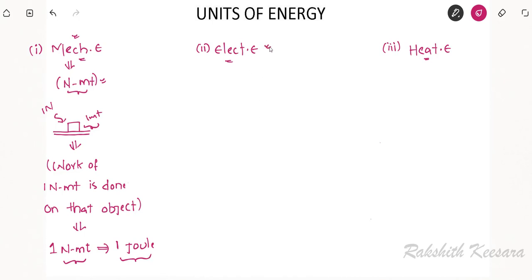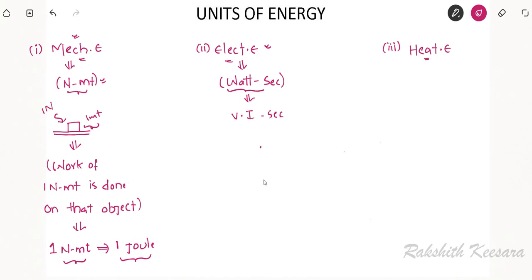While coming to electrical energy, the unit is watt second. Now let us see the definition of watt second. I can write this as voltage into current, right?